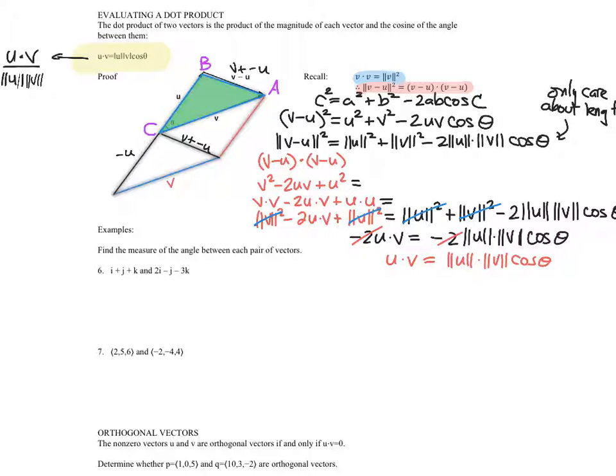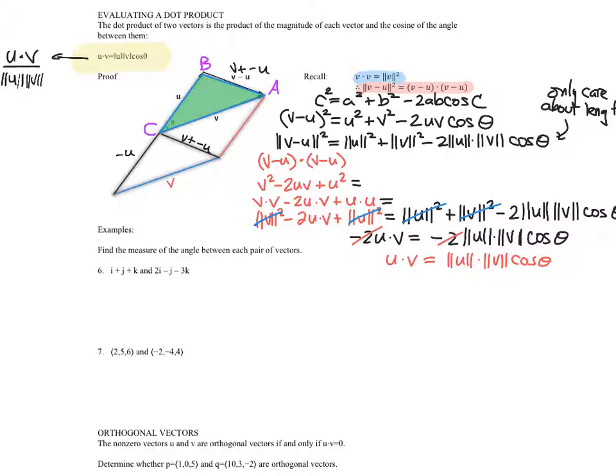Applying this information is not difficult, though, because we're looking to find the measure of the angle between the pair of vectors. So the ancillary formula, if you will, is what you would get if you solved the original formula for cosine theta. You could solve it for theta if you want, I just find that's a little too much of a pain.